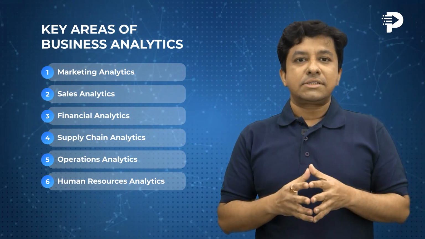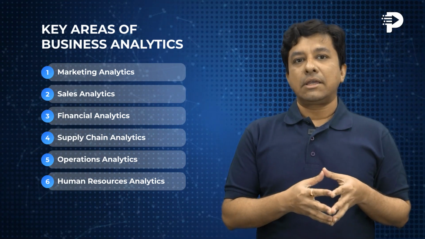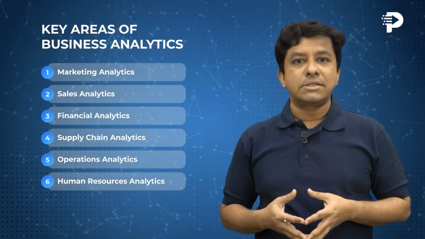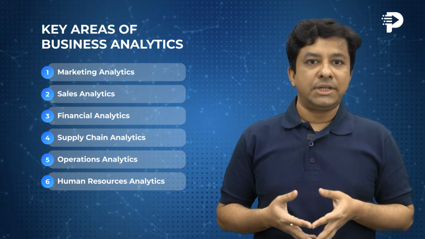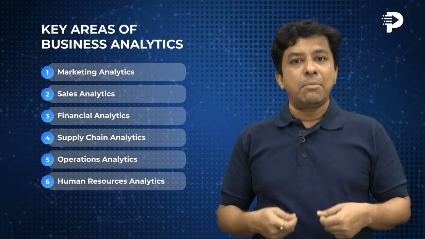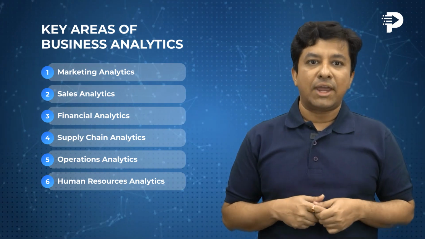Human resources is another key domain where you could deploy analytics techniques. It will involve analyzing employee data to gain insights about workflow productivity, employee retention, training needs, and come up with strategies to improve employee performance and satisfaction.